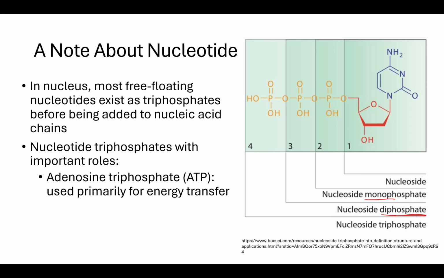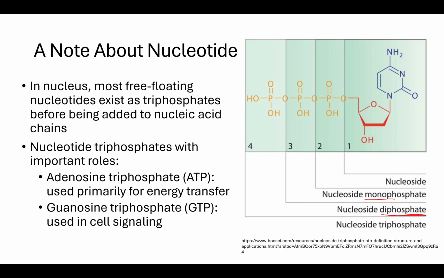So you'll have a uracil that's going to have 2 extra phosphates on it, a guanine that has 2 extra phosphates on it, and then those extra phosphates are cut off during the process of dehydration synthesis to make a polymer and make a larger nucleic acid. But there are 2 of these nucleotide triphosphates that are important. So you know about ATP, adenosine triphosphate, and we're also going to learn about guanosine triphosphate, or GTP, when we talk about cell signaling. So I just wanted to make sure that you guys had this note.